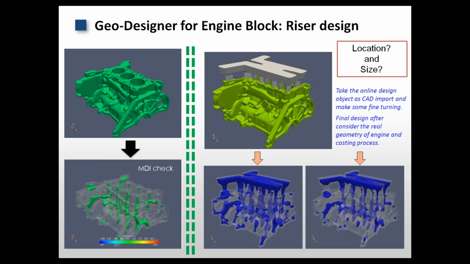So we could use the MDI check to find out which is the riskiest area. We could place the riser on top of that area, and that's a very convenient way to find the right place for the risers. And then we could check the riser size, whether it is bigger or smaller, and if it's enough to feed the metal in Geo-Designer.